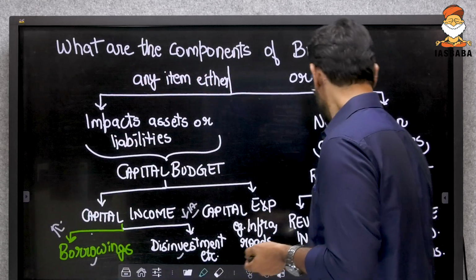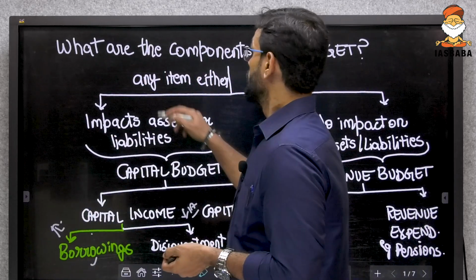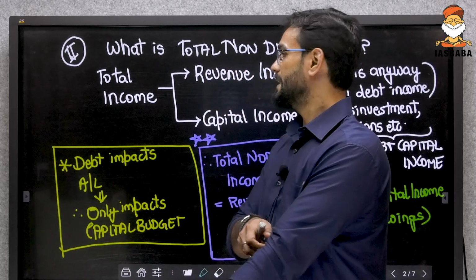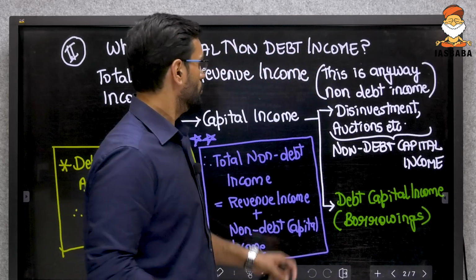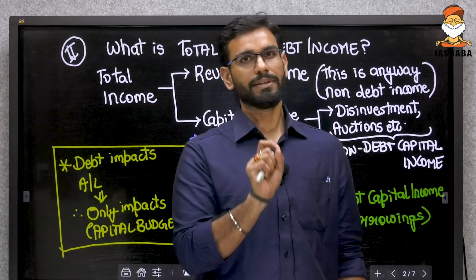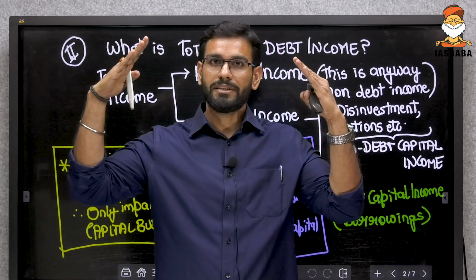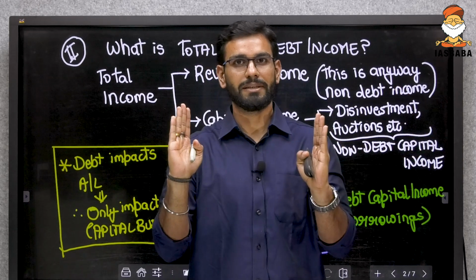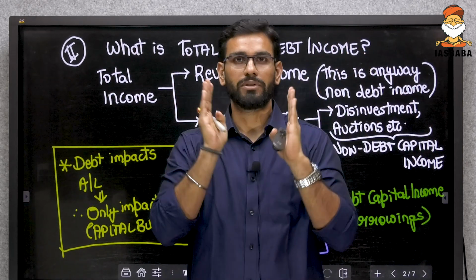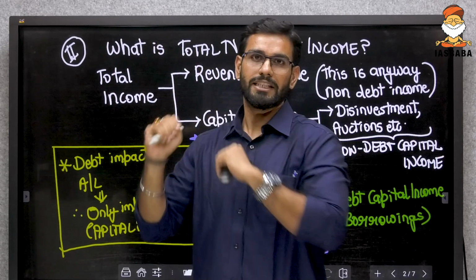Now let's try to understand the second aspect, and that is total non-debt income. See, what is total income? There are two types of budget and both have income and expenditure. So you add both the incomes and you get total income. You add both the expenditures and you get total expenditure.